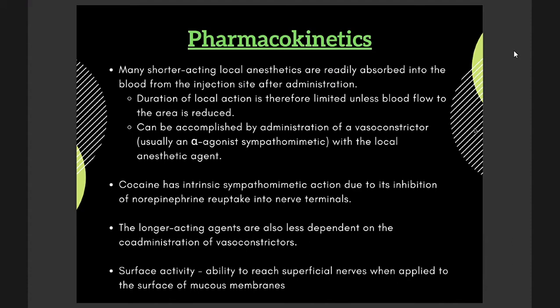The purpose of your vasoconstrictor is to delay the absorption of your local anesthetic, thus preventing toxicity. That is the purpose when you administer a vasoconstrictor. Since it produces vasoconstriction, it would delay the absorption, thus providing a greater margin of safety.